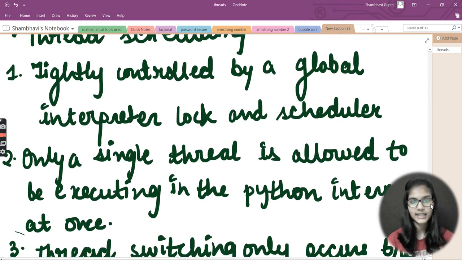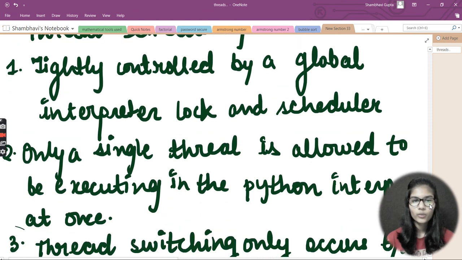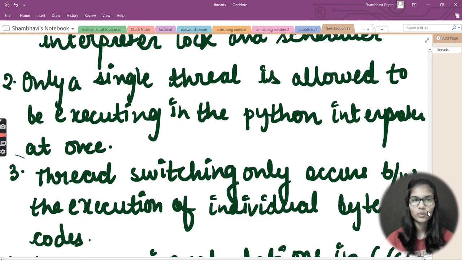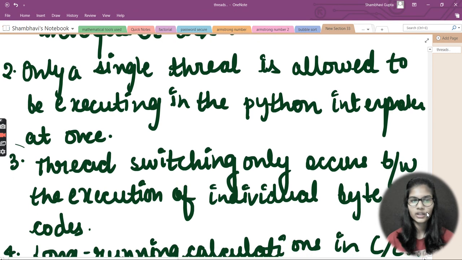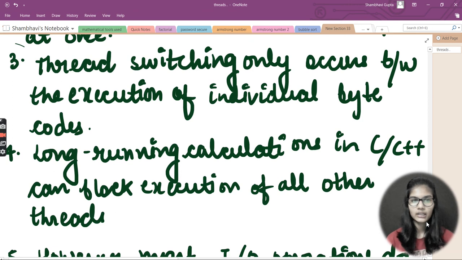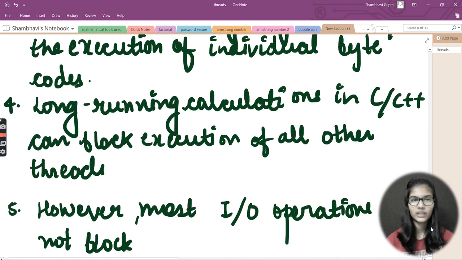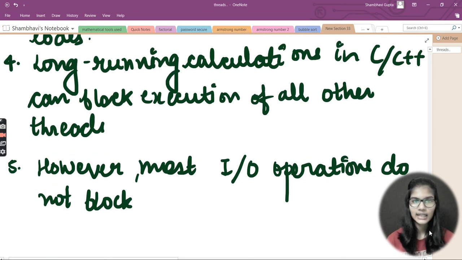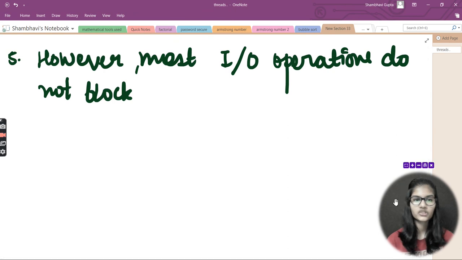First, it is tightly controlled by a global interpreter lock and scheduler. Second, only a single thread is allowed to be executing in the Python interpreter at once. Third, thread switching only occurs between the execution of individual byte codes. Fourth, long-running calculations in C and C++ can block execution of all other threads. And fifth, however, most input-output operations do not block. These are the things that come under thread scheduling.